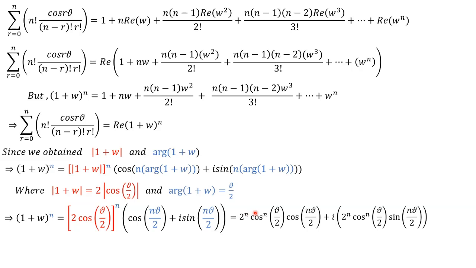It's the same thing I did at this level. Very important, because 2 cos theta divided by 2 raised to the power n is the same as 2 raised to the power n times cos raised to the power n of theta divided by 2.